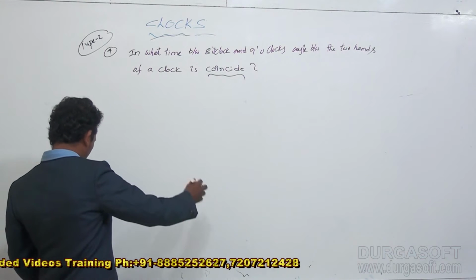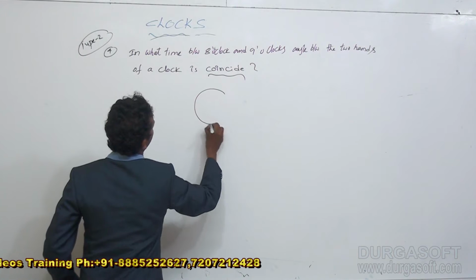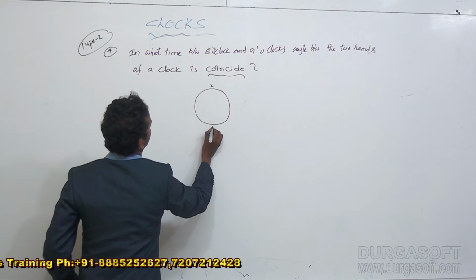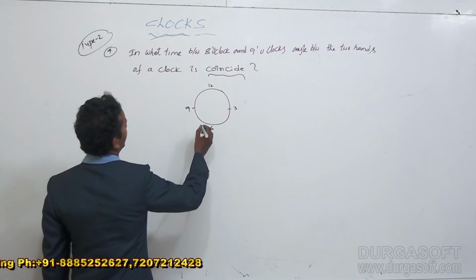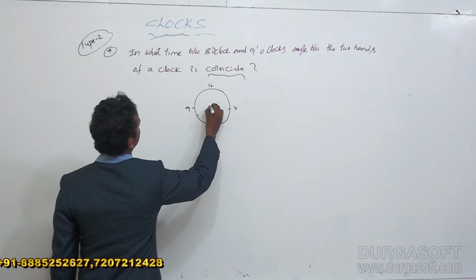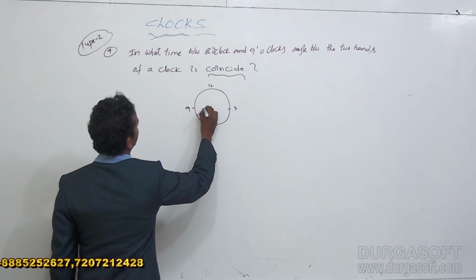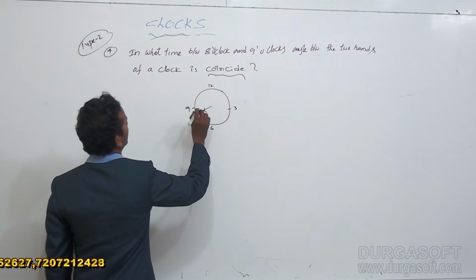Now again, the same procedure will be used here. I am drawing the clock: 12 here, 6 here, 3 here, 9. See here, this is 8 o'clock and 9 o'clock. Coincident means both hands are in the same line.